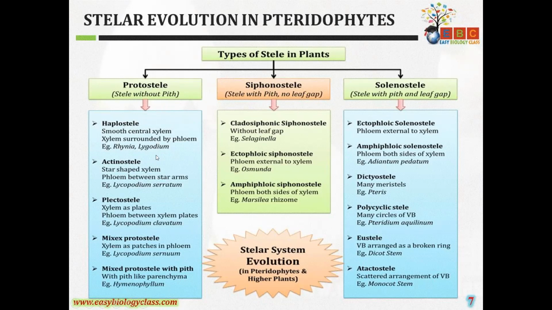Pith is absent, the central xylem is star shaped, and phloem is present between the arms of the star. Actino means star-shaped stele. An example for actinostele is Lycopodium serratum.